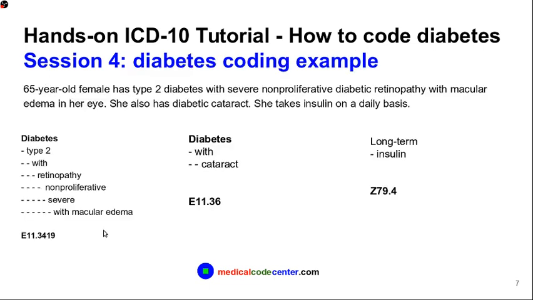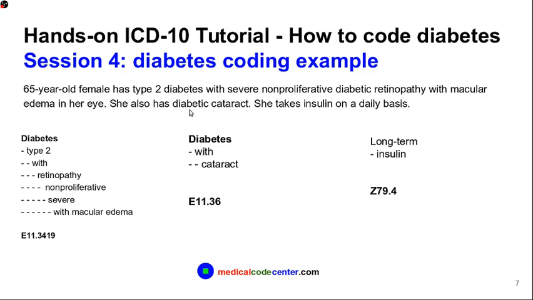Next we will code a diabetes example. Please use the book to follow along. The example here is that a 65-year-old female has type 2 diabetes with severe non-proliferative diabetic retinopathy with macular edema in her eye.